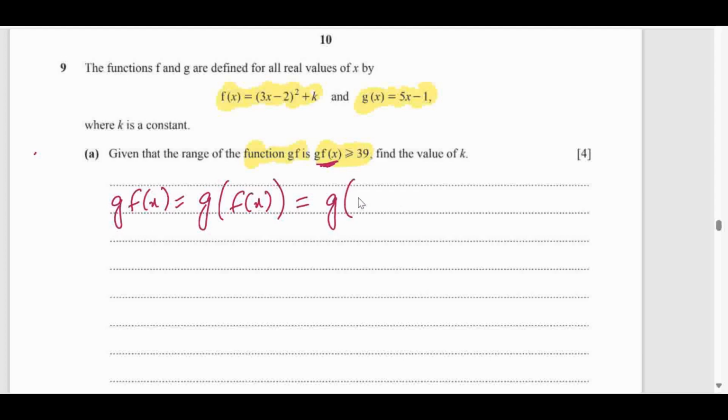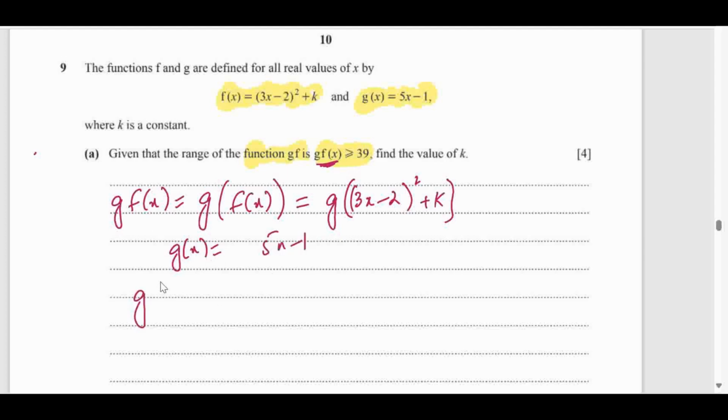Now f of x is (3x minus 2) whole square minus 1 plus k. We need to find out this thing. So as we know that g of x is equal to 5x minus 1.